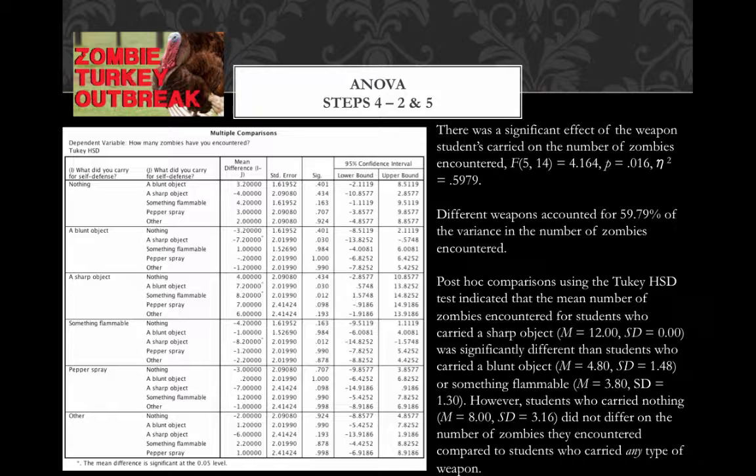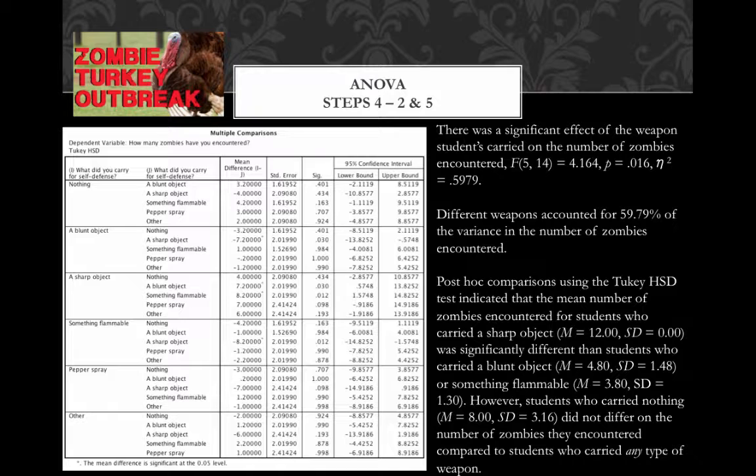And then lastly, because we had significant differences, and then we found a significant effect of weapon on the number of zombies encountered, post hoc comparisons using Tukey's HSD test indicated that the mean number of zombies encountered for students who carried a sharp object was significantly different than students who carried a blunt object or something flammable. However, students who carried nothing did not differ on the number of zombies they encountered compared to students who carried any type of weapon.